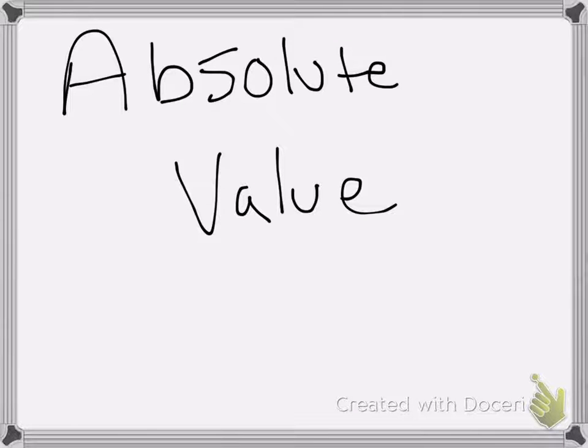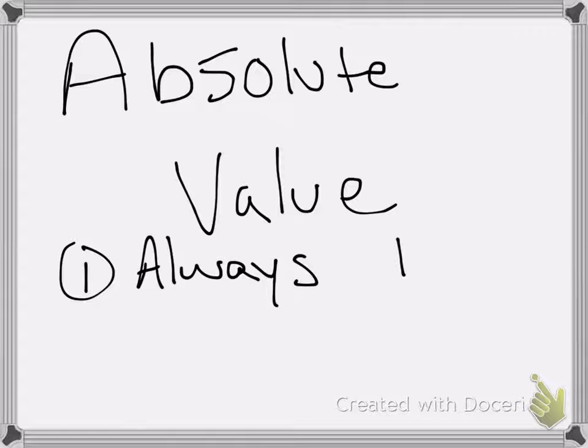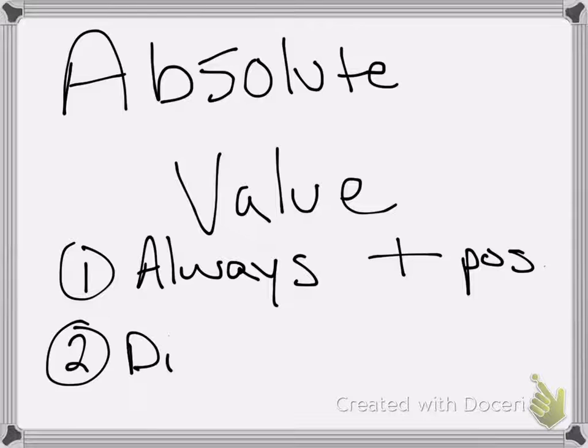Today in class we talked about absolute value. There were two things that I taught you about absolute value. One, that absolute value is always positive. And two, it is the distance your number is from zero.